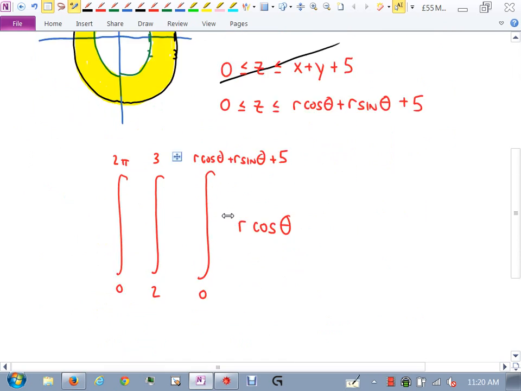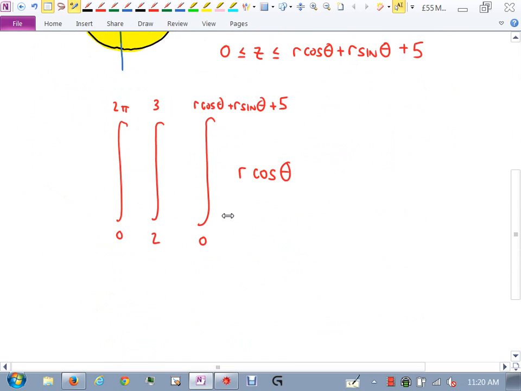The dV is going to be my 3 integral differentials. We said dz doesn't change, but then dr d theta. But because I went to cylindrical coordinates, or because I went to polar, I always have to remember to include that r. That r has to be in there.